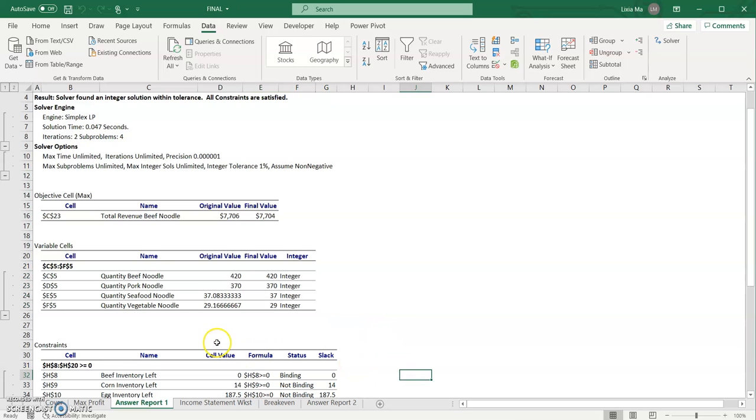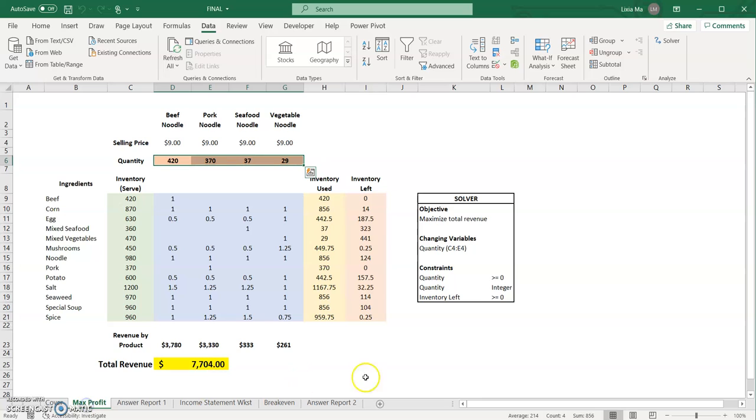As you can see from the answer report, the original numbers Excel calculated had decimal points for the seafood and vegetable noodles. So our final answer was rounded down to whole integers because one of our constraints is to set the quantity equal to an integer.